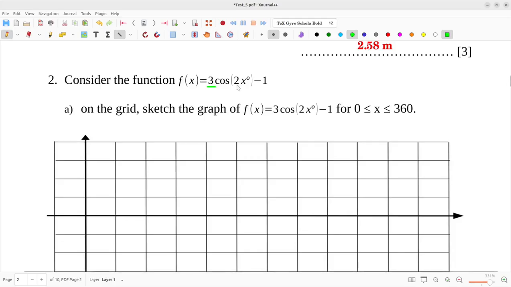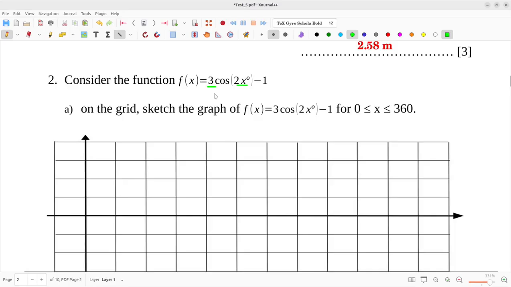And this 2 is giving you the period of the graph, which means inside 360, you are going to have 2 complete waves. And this minus 1 is shifting the graph 1 unit down. Let's plot it.